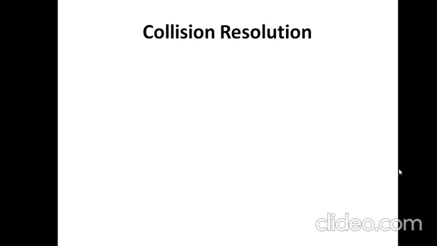What is the remedy for that? Somehow we have to reposition the new key into a new address. That is the basic idea of collision resolution. Every time the address calculated by the hash function is already occupied, we have to find a new address and store the new key there.